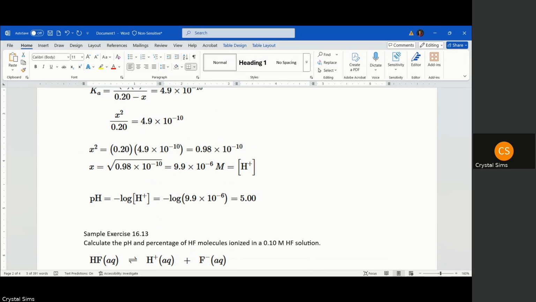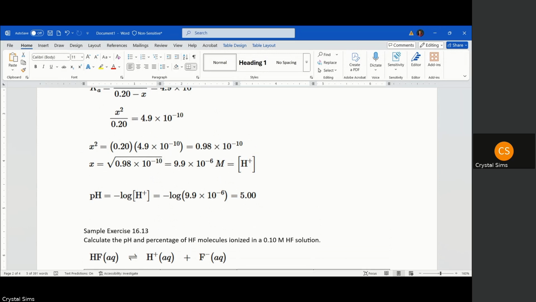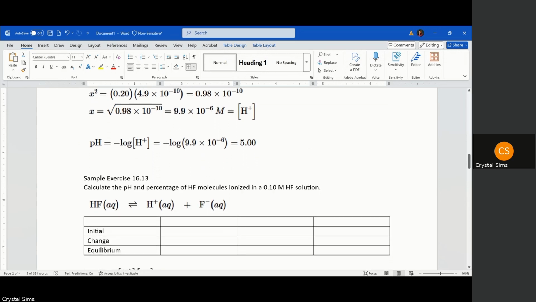So first step, of course, is always going to be to write our equation. So here we have the hydrofluoric acid, and it will ionize or dissociate into the hydrogen ions and fluoride ions. Now, just like before, we're going to have our ICE table here.